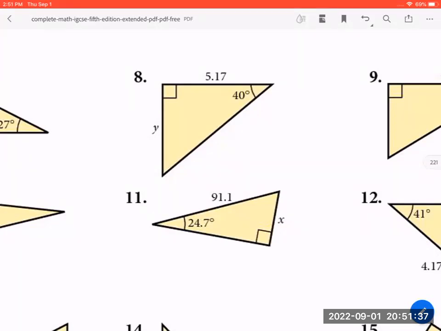Miss, you said you want all the angles too? All the angles and all the sides, please. Yeah, the angles, okay. You have 2 angles, I need the third one. Yeah, I know this.